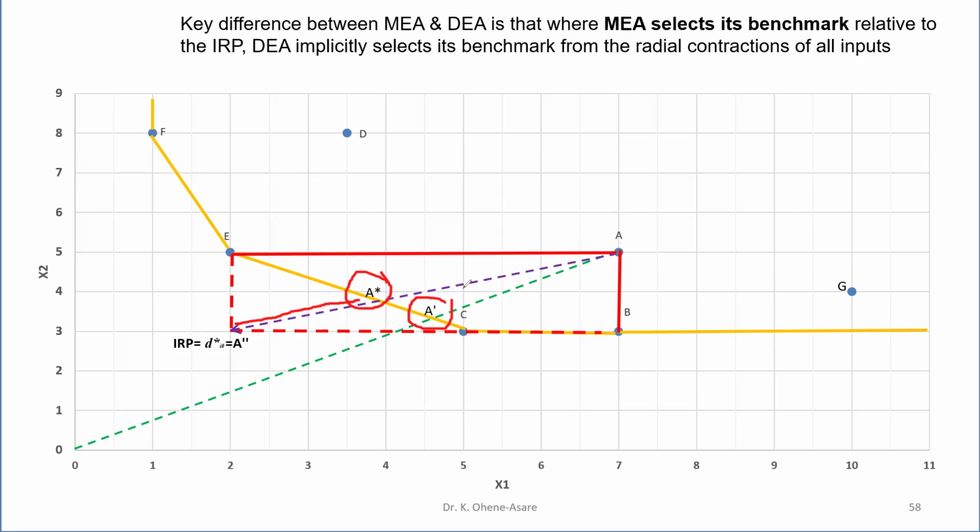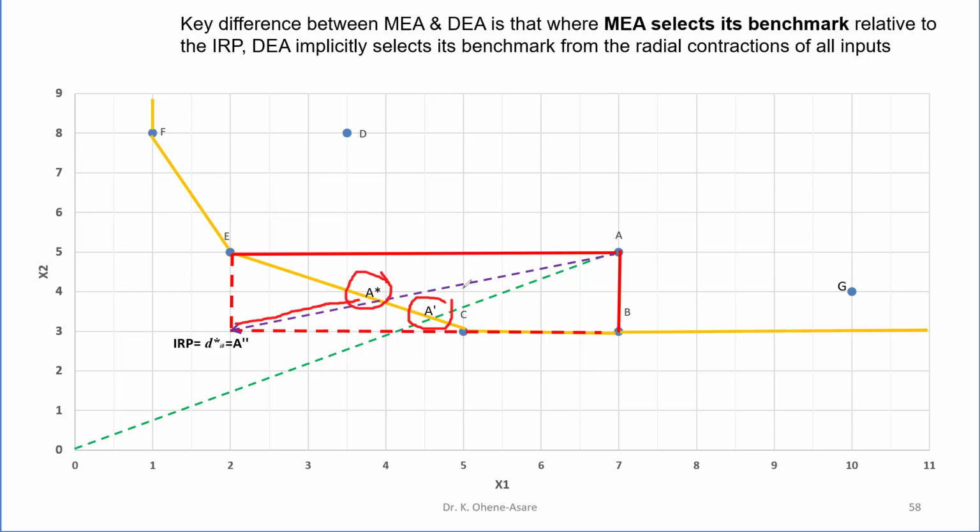So what is A star and what is A prime? A star is the MEA target you mentioned, and then A prime is a DEA target. Guys, did you hear that? That is the word I'm looking for.